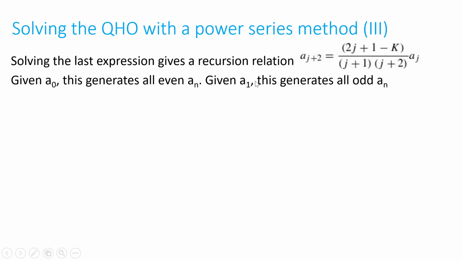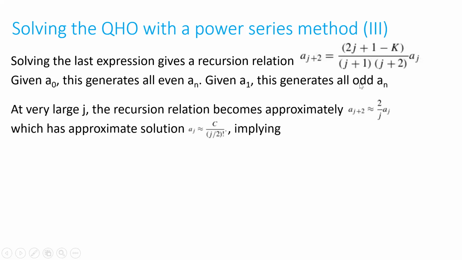Likewise, if we had a1, it would generate all odd a_n. So if we started with a1 and k, we could solve for a3 by plugging in j equal 1. And then once we had a3, we plug in j equal 3 and get a5, and so on and so forth. So this recursion relation, given either a0 or a1, gives us all of the coefficients, the even coefficients for a0 and the odd coefficients for a1.